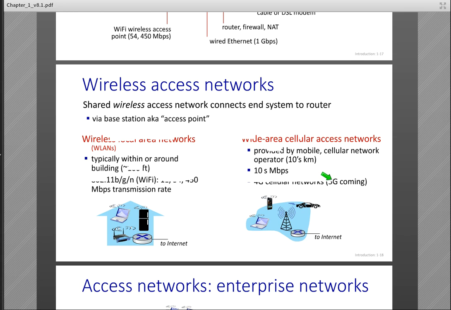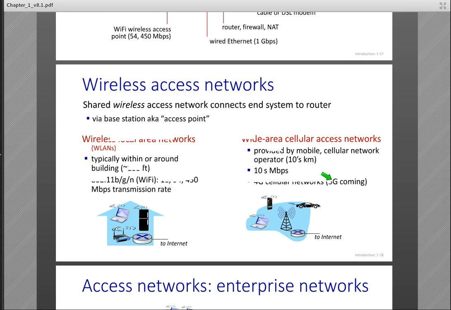However, I'm not optimistic about 5G because it has several health and environmental problems.